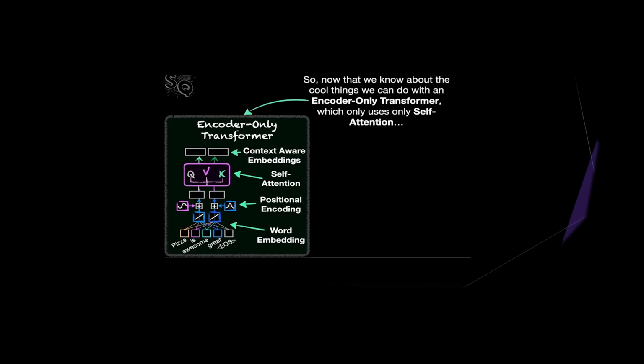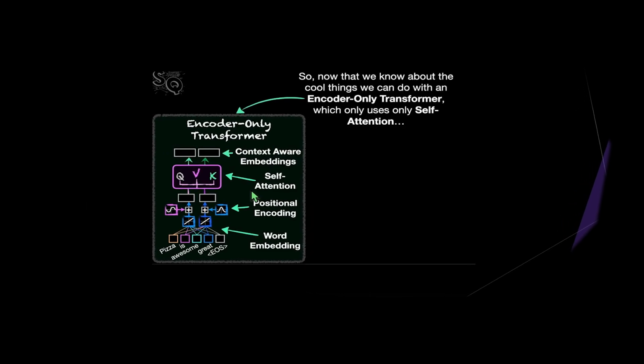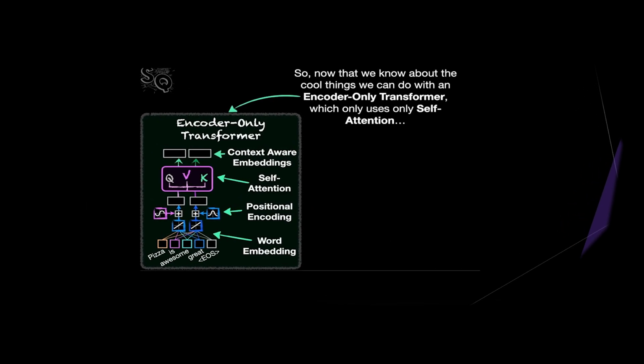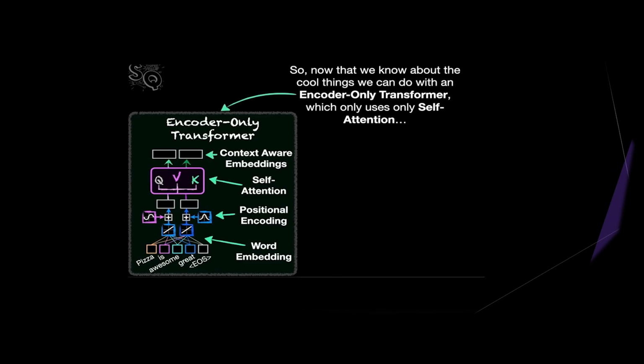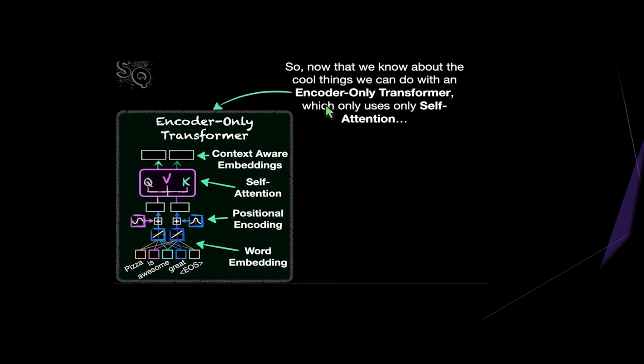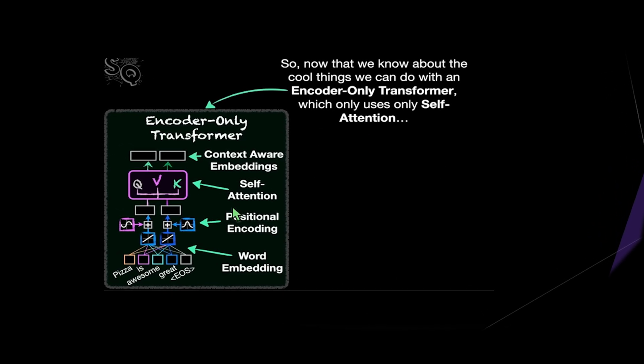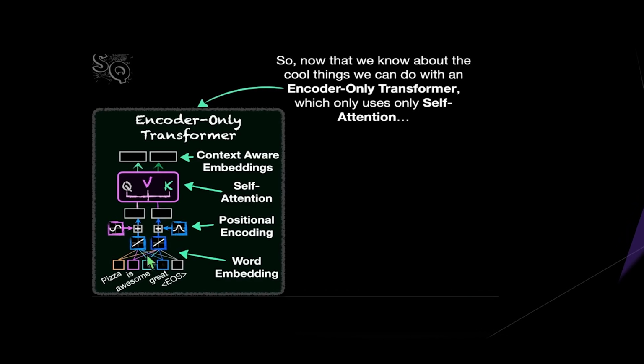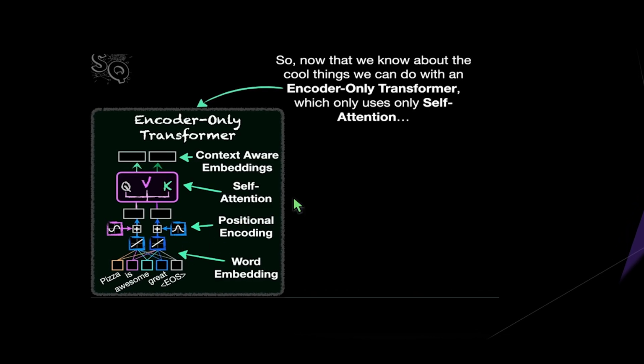So far, we have learned about self-attention, where each word in a sentence tries to find its relationship with all the other words. In an encoder-only transformer, the process starts with word embeddings, where words are converted into numerical form. Then positional encoding is applied to capture the position of each word in the sentence.